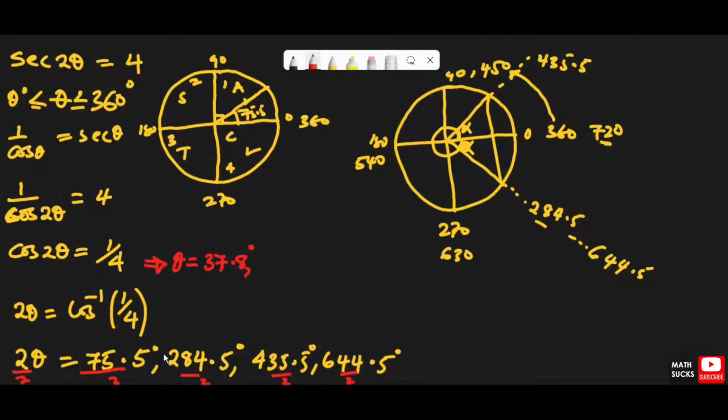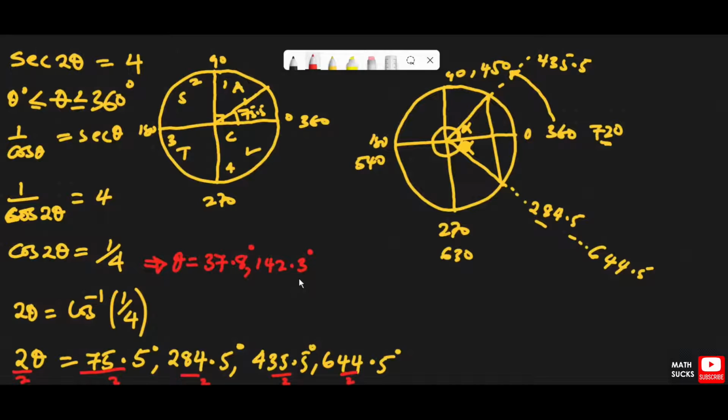That's the first angle. Next we have 284.5 divided by 2, which gives us 142.3 degrees.